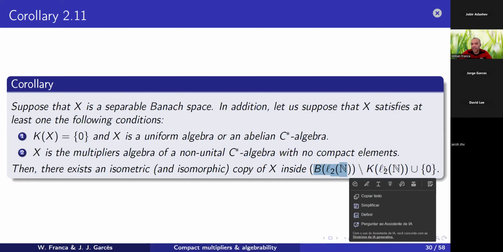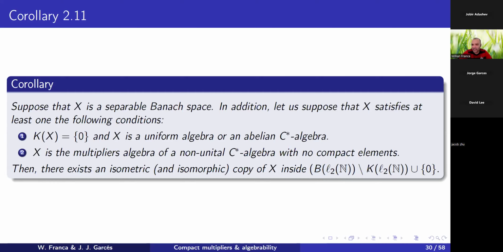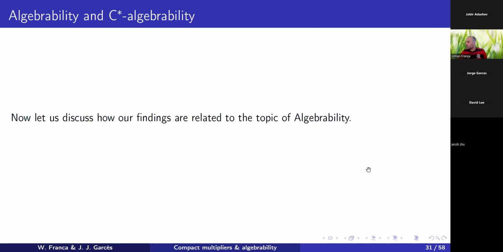And the other one behaves like C0, right? Because, for instance, this set is the set of compact elements. So we do have similar results. All right, so this lasts maybe, I don't know, maybe 20 minutes, okay?